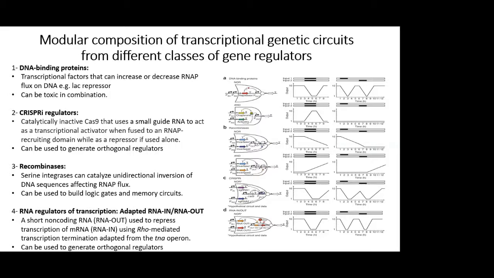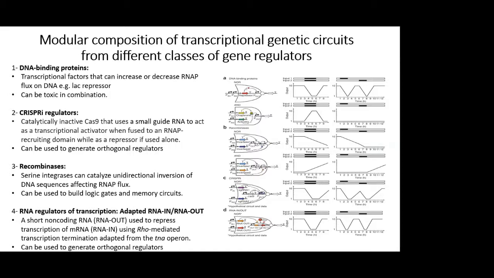And this is the advantage of CRISPR Cas9 regulators: because this is simply base pair interaction, RNA-DNA interaction, you can simply design different interactions, and hence you could have a library of transcription activators and repressors that are orthogonal.